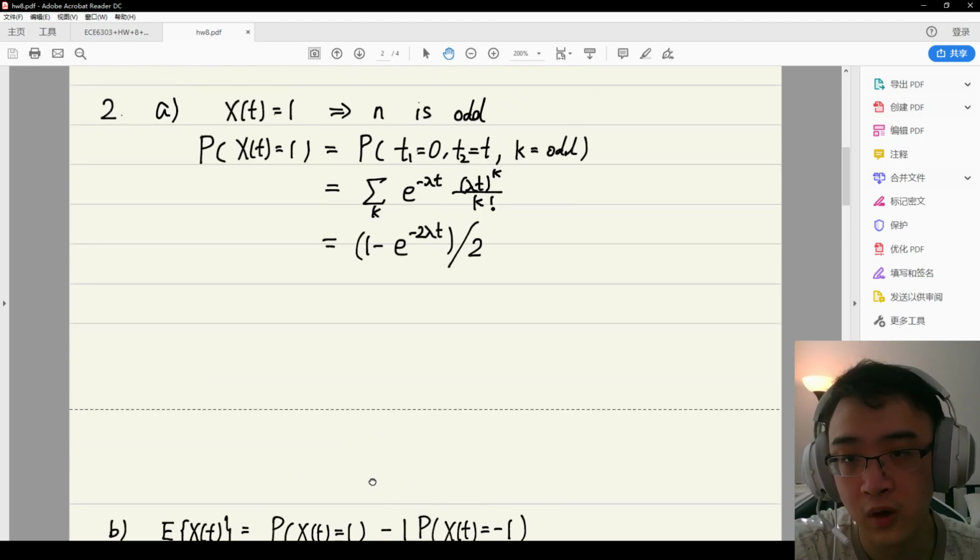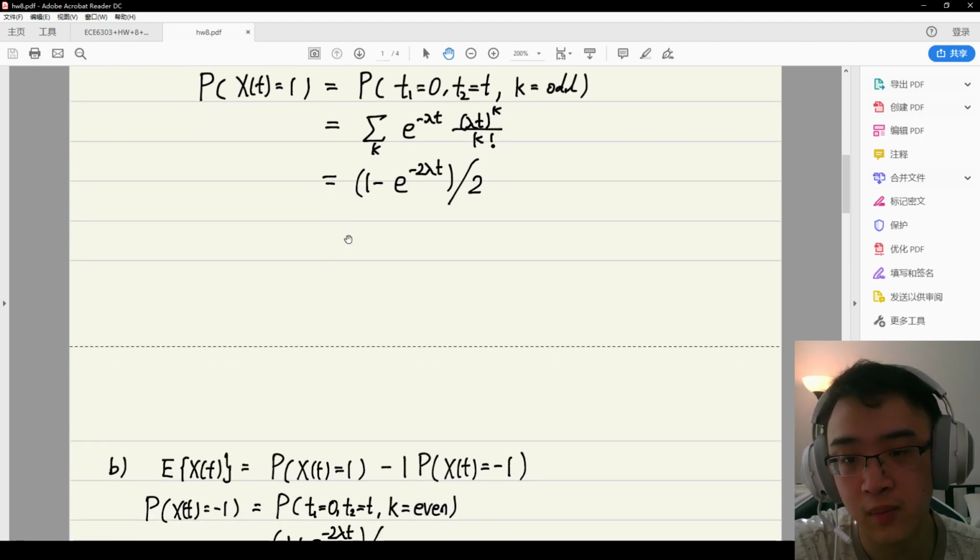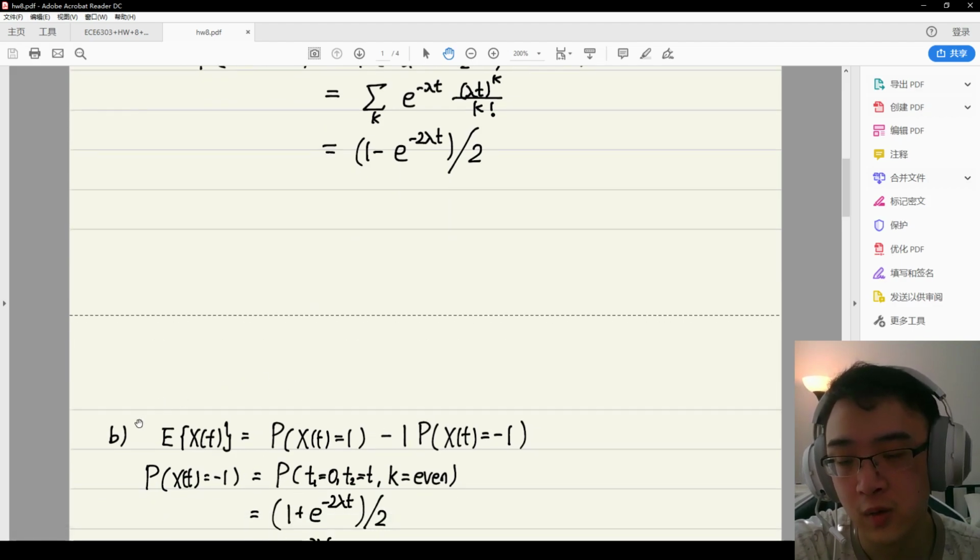So we already got the probability for 1 and the probability for -1. So we get the expected value is equal to 1 times probability of 1 plus -1 times probability of -1.